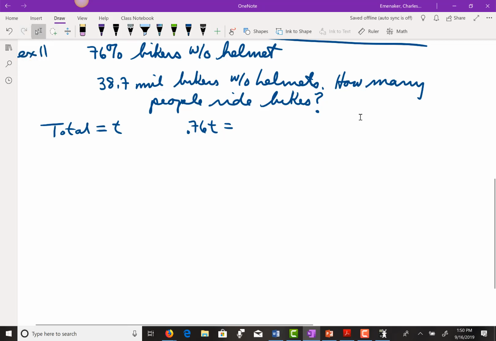How many people is that total then that don't wear the helmets? Well, that's just 38.7 million.